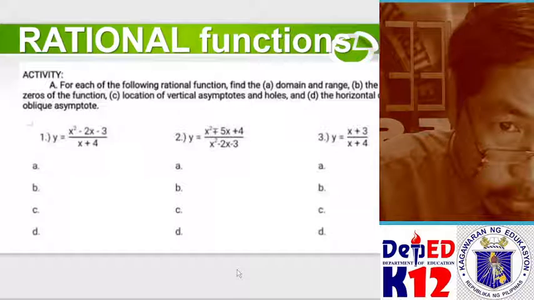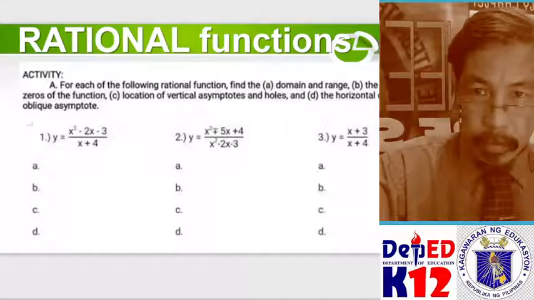So, these are the given. So, let us solve for problem number 2. So, it looks like this, no? So, we have the following.